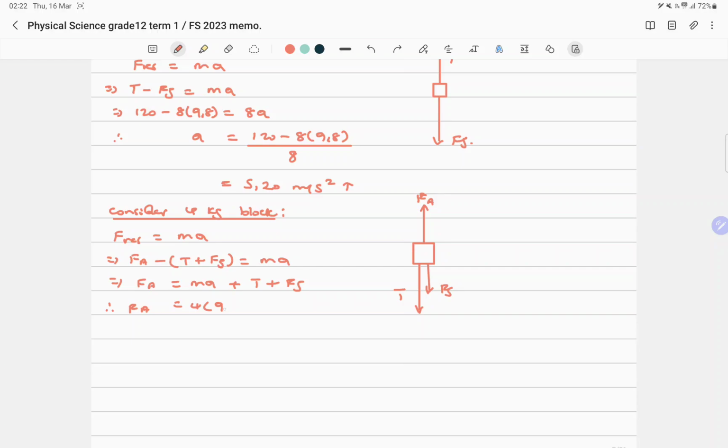The acceleration we got is 5,20, right, plus the tension is 120, plus 4 into 9,8. I keep writing 8. Okay, so let's do the calculation. It's pretty easy now. It's 4 into 5,20 plus 120 plus 4 into 9,8. So I'm getting 180.